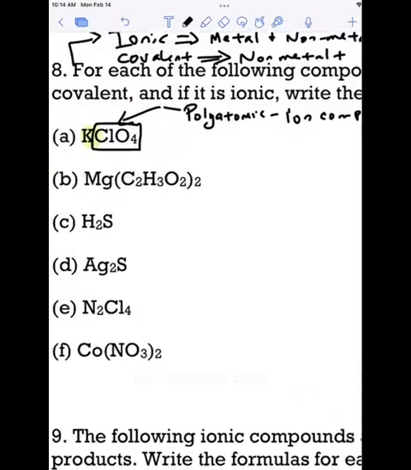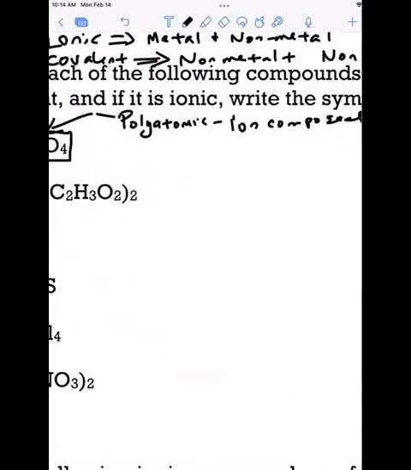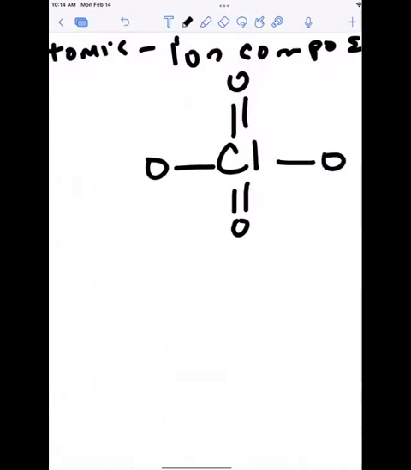So if we look at the ClO4, if we were to draw it out, we haven't done Lewis structures yet, but a ClO4 actually looks like this. So a Cl, it has a double bond to oxygen here, double bond to oxygen here, O, and then O. The chlorine has a +1 charge, and then the two oxygens, which all have lone pairs around them.